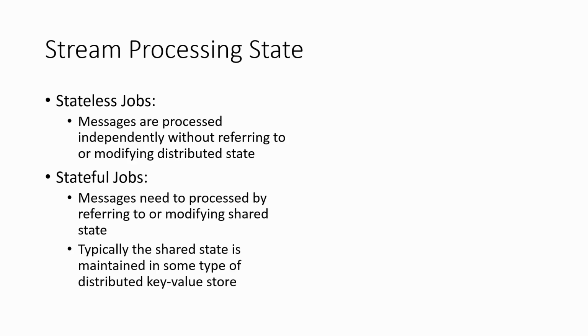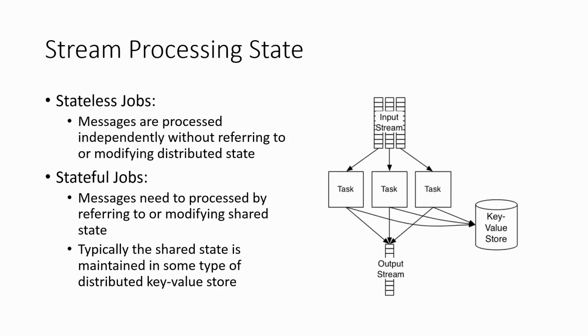Typically, the shared state in a stateful job in Samza can be maintained in some type of distributed key value store. So here we have the same example of an input stream being processed by a number of tasks, generating an output stream. Only here we have an additional entity, which is the key value store, which can basically store some kind of distributed state that the tasks can refer to or modify as they produce the output stream.